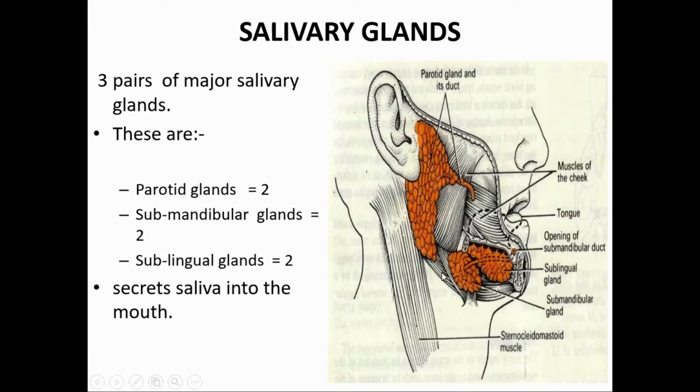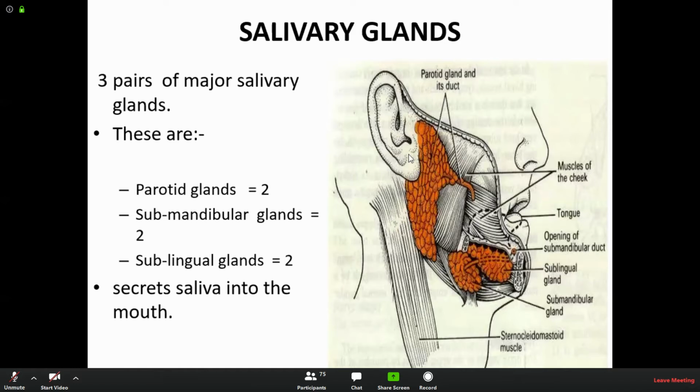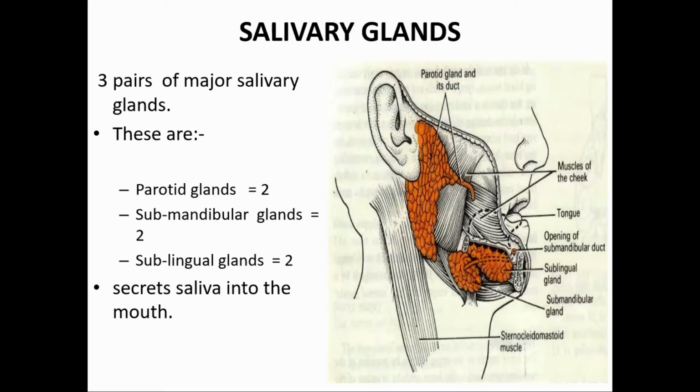Inferiorly is the posterior belly of the digastric muscle along with the stylohyoid ligament. Above is the external acoustic meatus. So normally the parotid gland is present below, inferior to the external acoustic meatus.